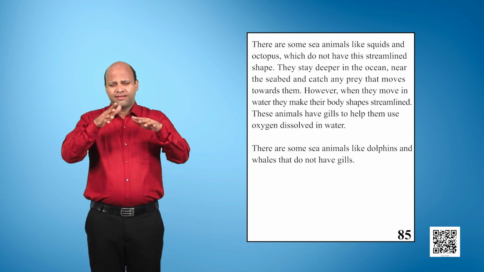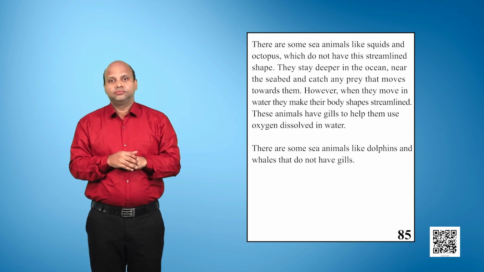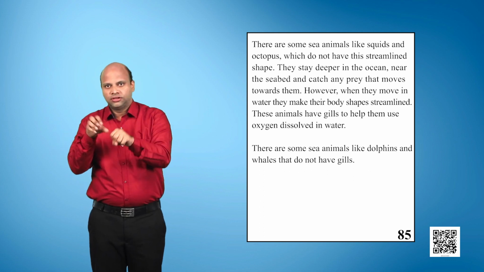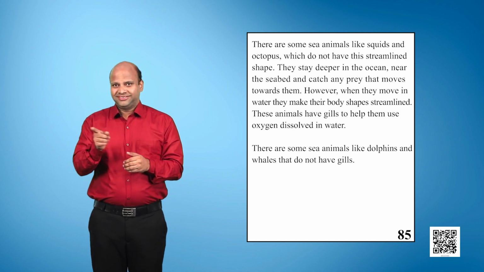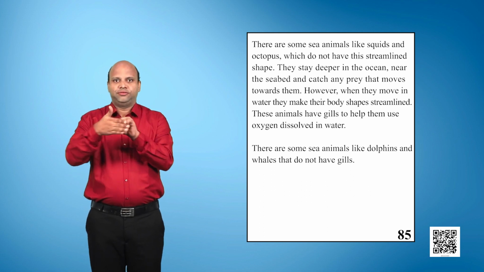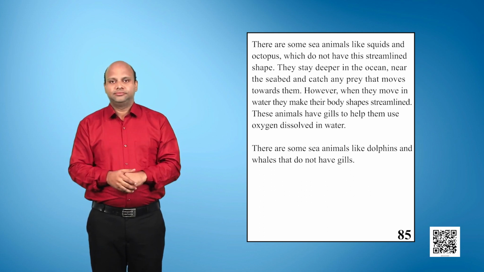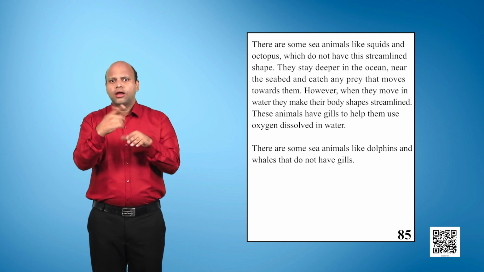They stay deeper in the ocean, near the seabed, and catch any prey that moves towards them. However, when they move in water, they make their body shapes streamlined. These animals have gills to help them use oxygen dissolved in water.